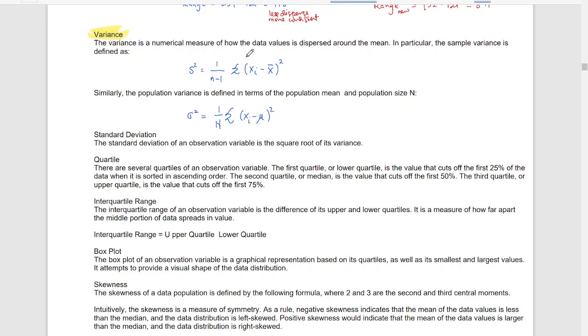Because whenever you want to calculate the variance, you need to estimate the value of x bar first. Because you estimate one parameter, ataupun one statistic here, that is why you lose 1 degree of freedom. Okay, so you have n minus 1 over here.